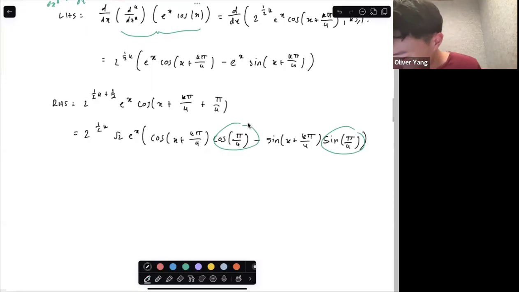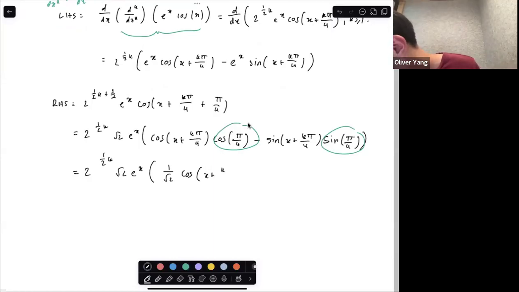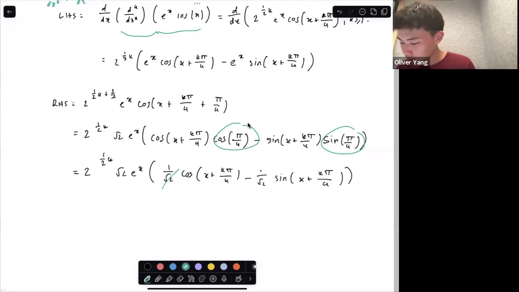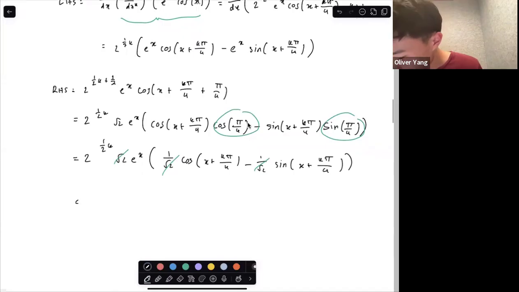So we can just expand: e^x times 1/√2 cos(x + kπ/4) minus 1/√2 sin(x + kπ/4). And then these cancel out, and you just get what you have on the left-hand side, right?